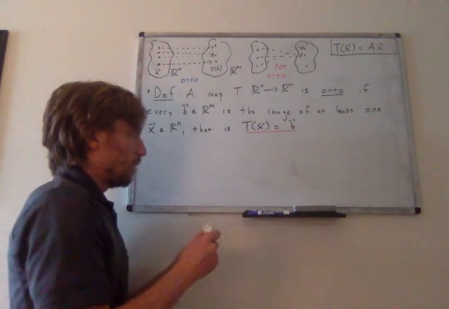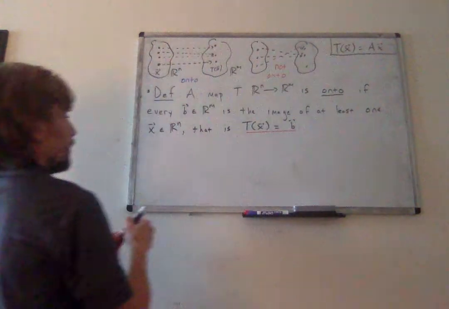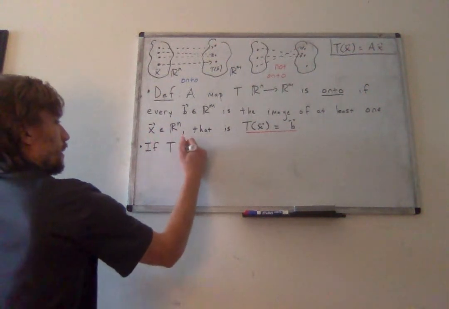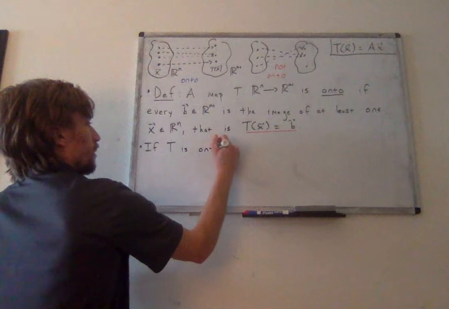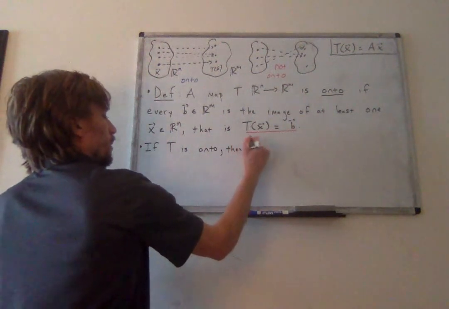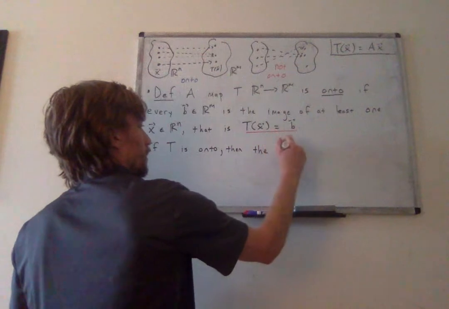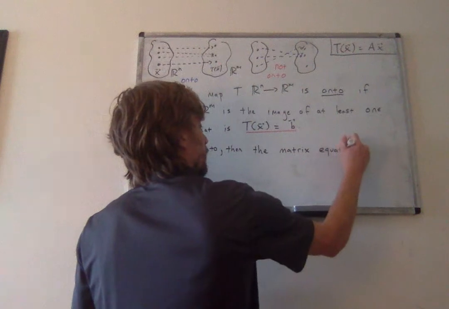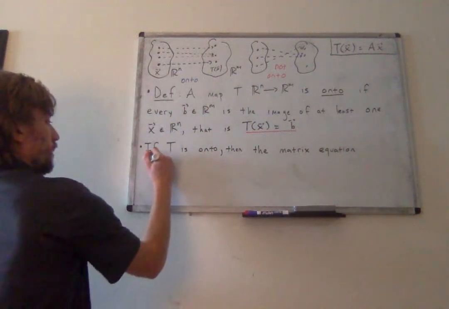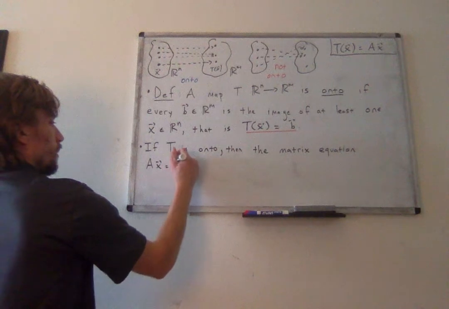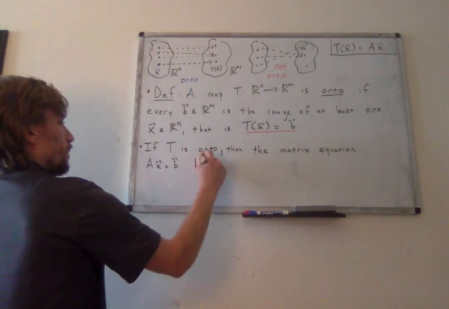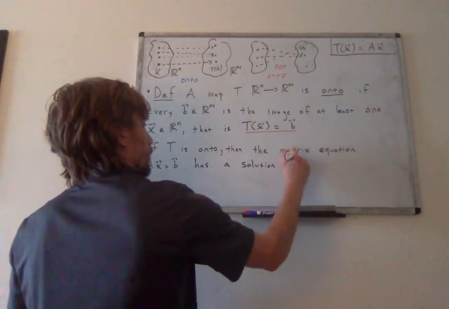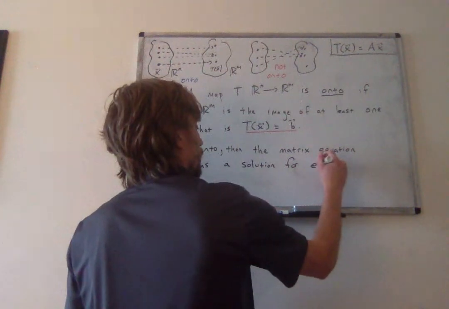So this implies that if T is onto, then the matrix equation Ax = b has a solution for each vector b in Rm.